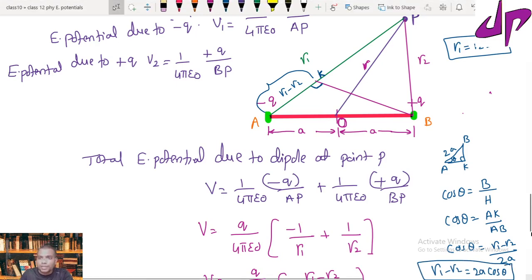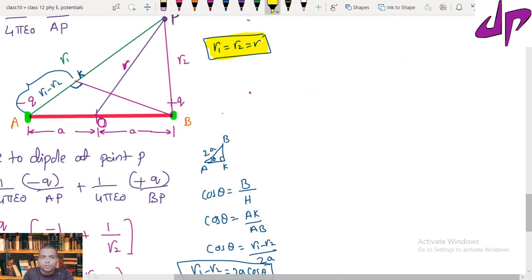So we can substitute these two values, one is R1 minus R2.